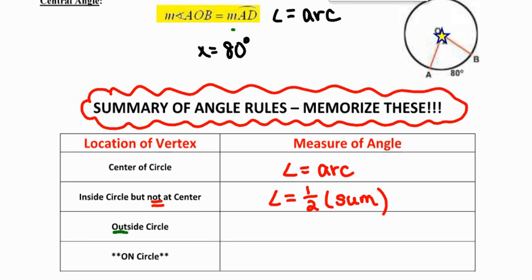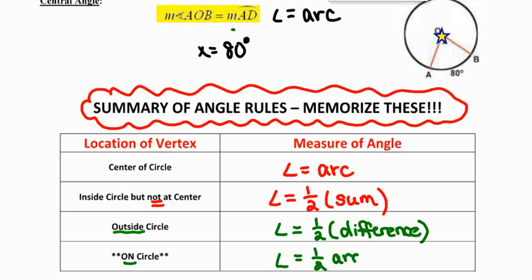When the vertex of our angle is outside the circle, the degree measure of the angle is half the difference of the two intercepted arcs. And lastly, when we are on the circle, our angle measure is half that of the intercepted arc.